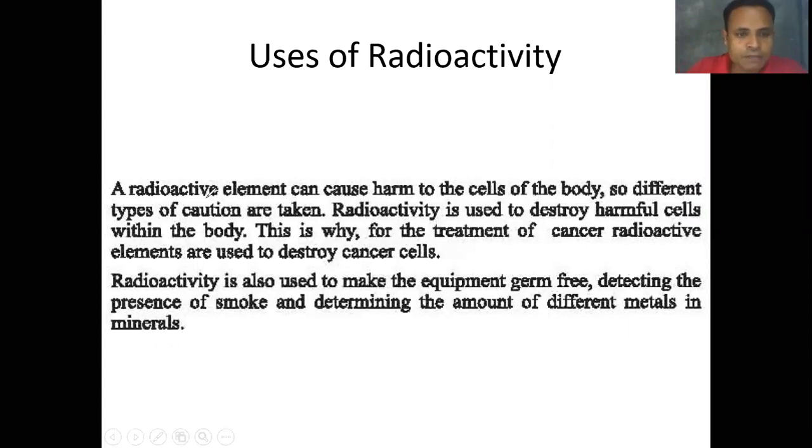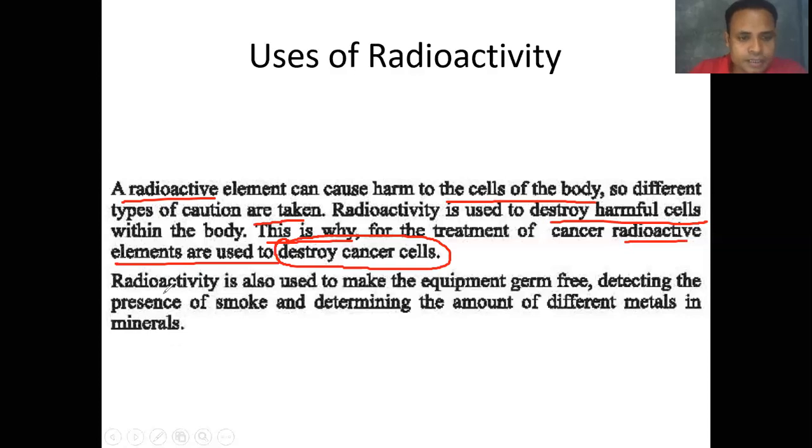The radioactive element can cause harm to the cells of the body, so different types of cautions are taken. Radioactivity is used to destroy harmful cells within the body. That's why, for the treatment of cancer, radioactive elements are used to destroy the cancer cells.